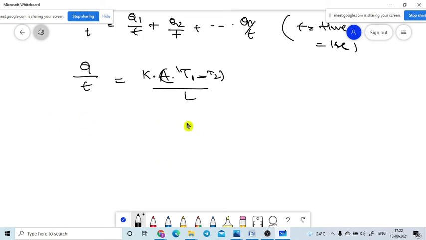Here there are N types of materials. The lengths L1, L2, L3 are all the same, so I am considering L itself. But A1 is not equal to A2, A3 is not equal to A4; they have different areas of cross section.